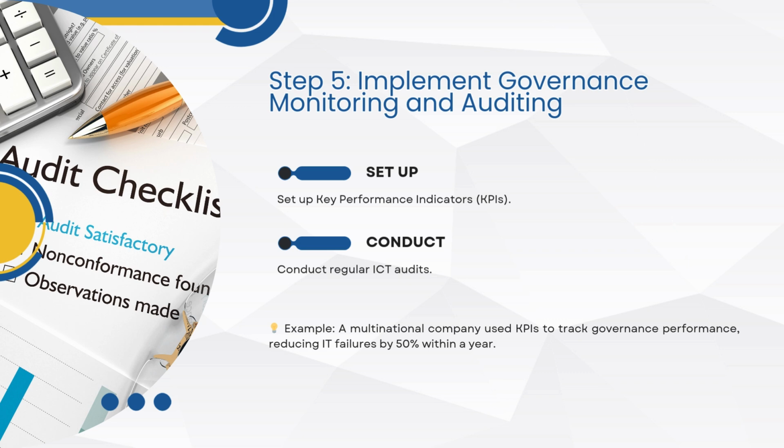Conduct regular internal and external ICT audits. Update governance policies based on new risks and regulations. Example: a multinational company used KPIs to track governance performance, reducing IT failures by 50% within a year.